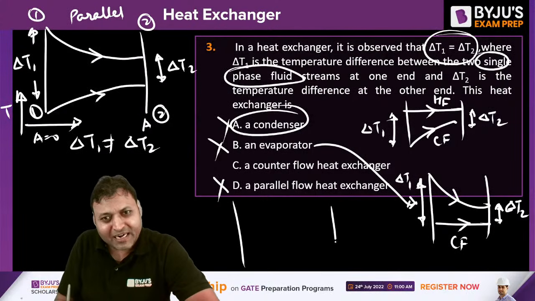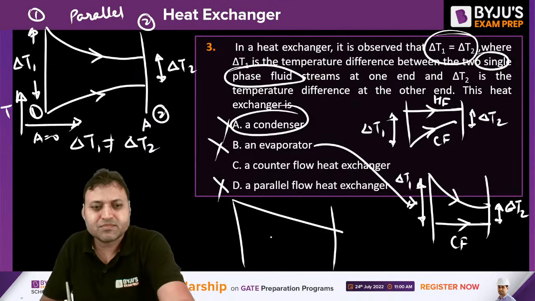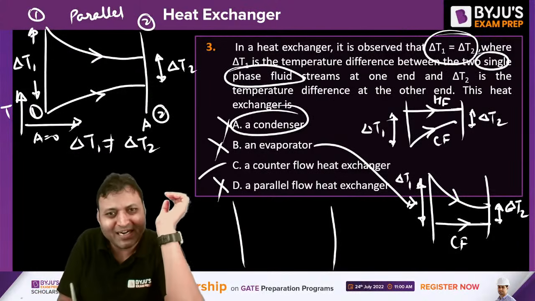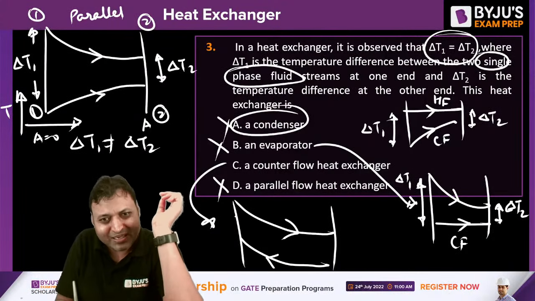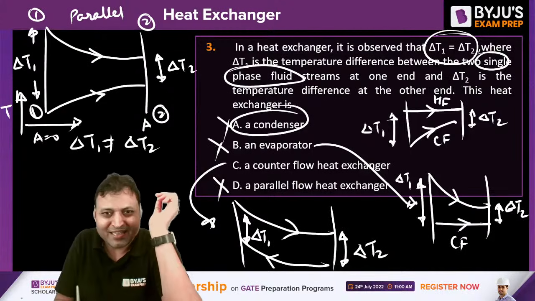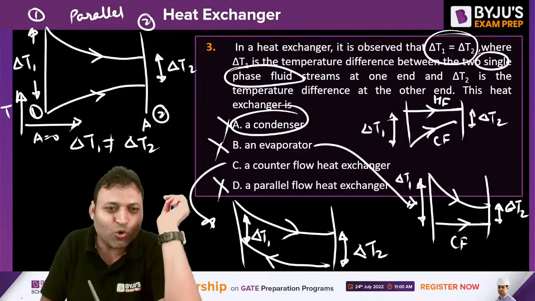If we draw the temperature profile for a counterflow heat exchanger, then the counterflow is like this. So yes, there is a possibility that delta T1 and delta T2 might be equal.